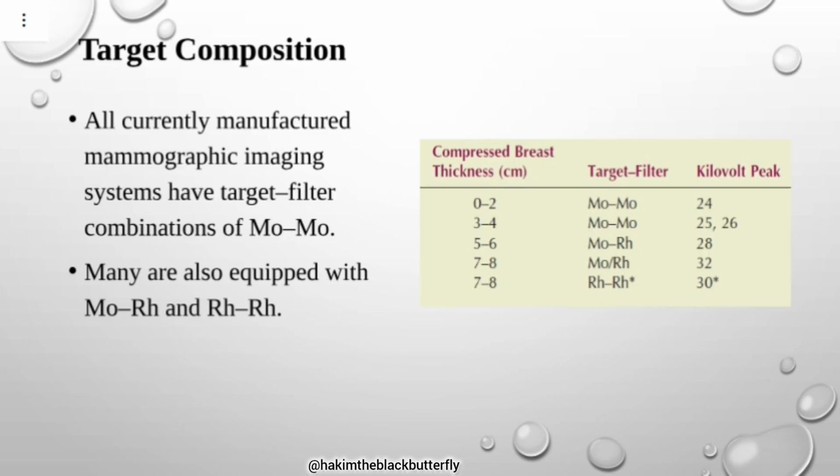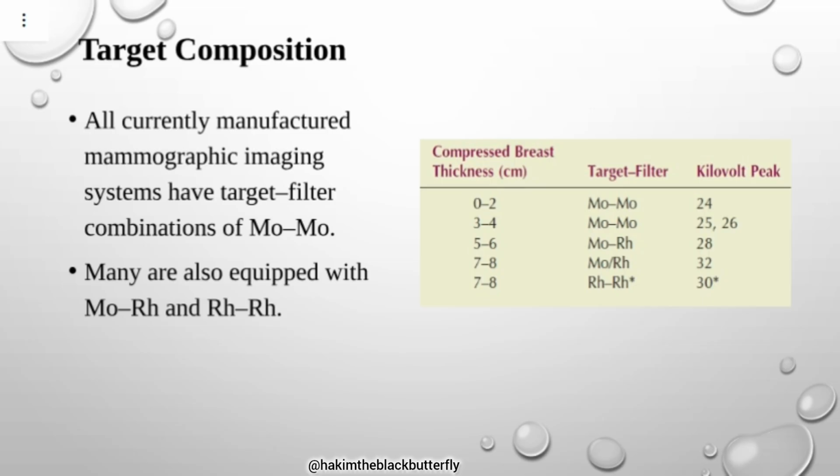If a breast is compressed, compression thickness of 0 to 2 centimeters, then molybdenum is enough for that, and for the kilovolts peak, you can use 24. For 3 to 4 centimeters, again molybdenum, and the kilovolts peak you can use 25, 26. For 5 to 6 centimeters, molybdenum, rhodium.